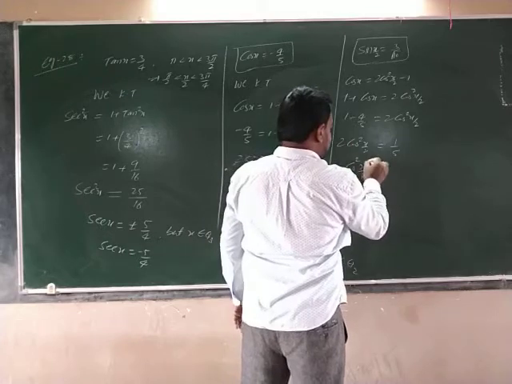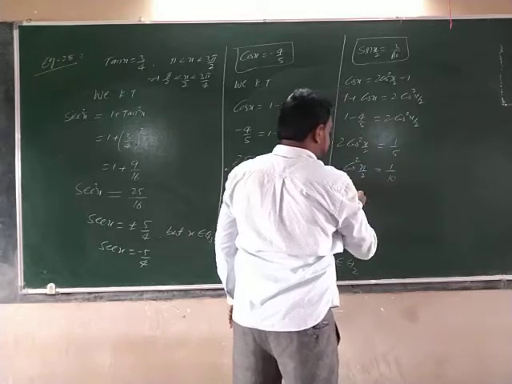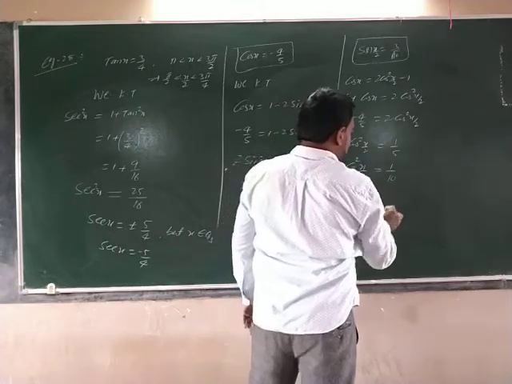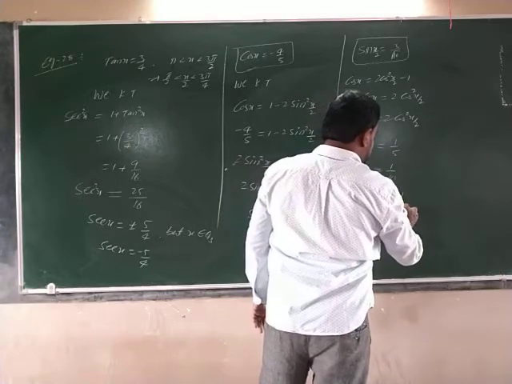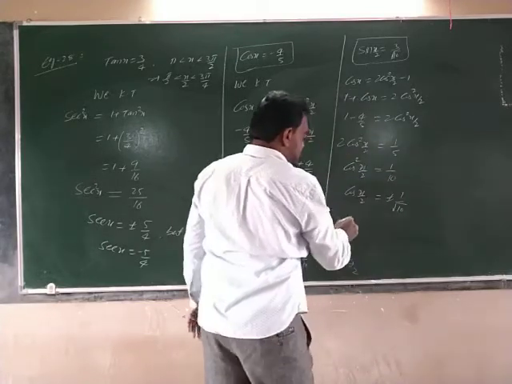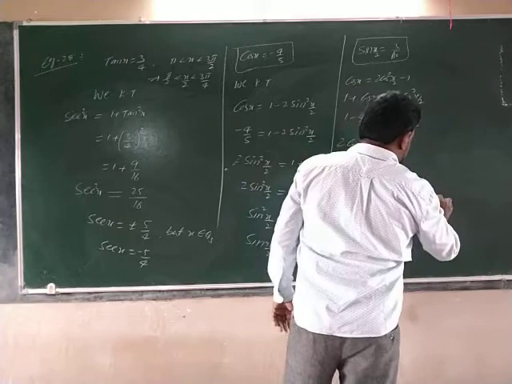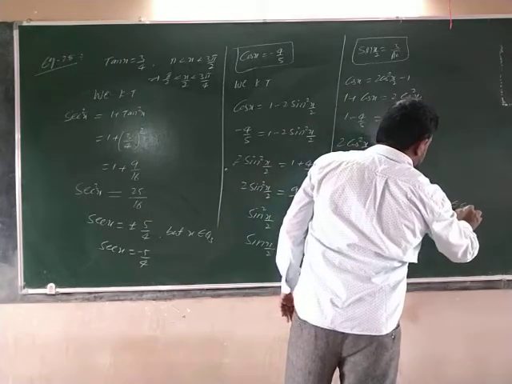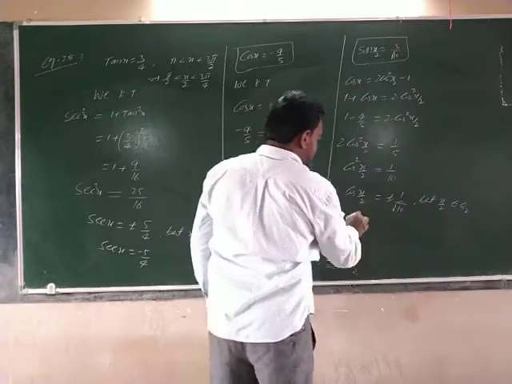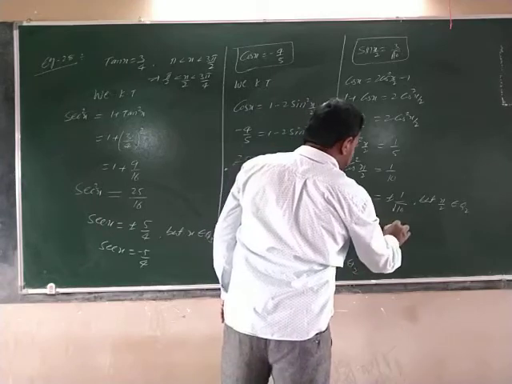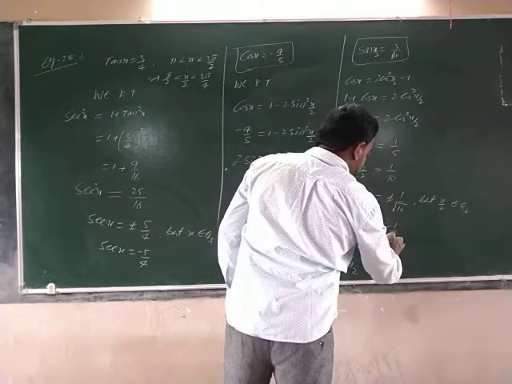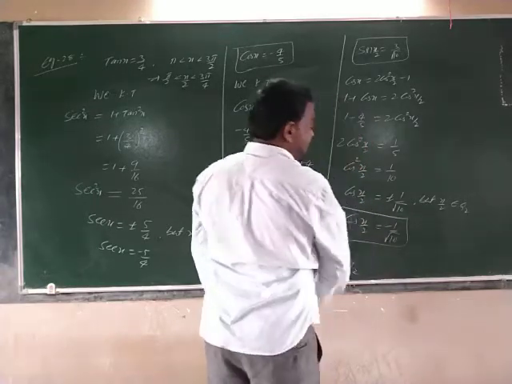Cos square x by 2 is equal to 1 by 10. Cos x by 2 is equal to plus or minus 1 by root 10. But x by 2 is in the second quadrant, where cos is negative. So minus 1 by root 10 is the cos x by 2 value.